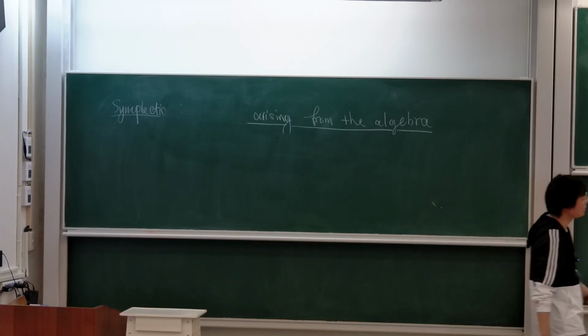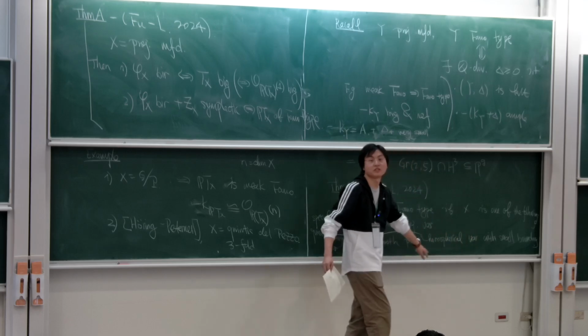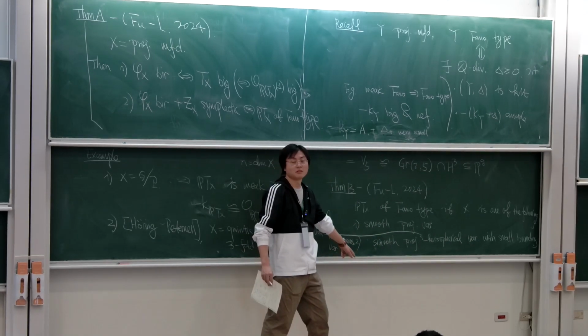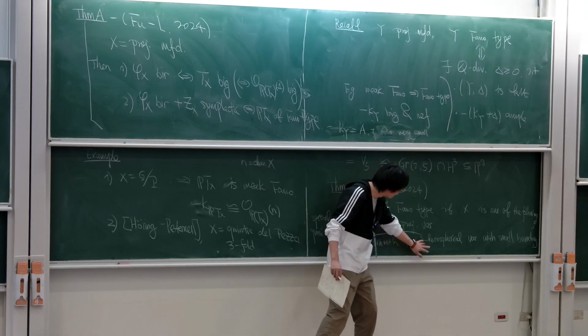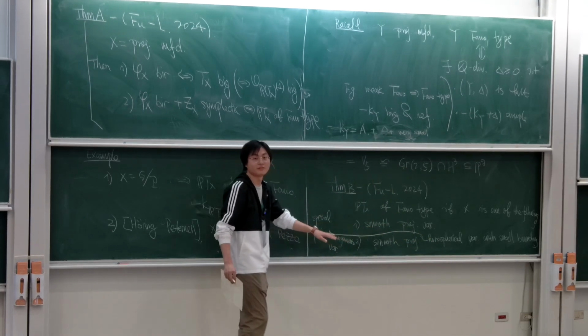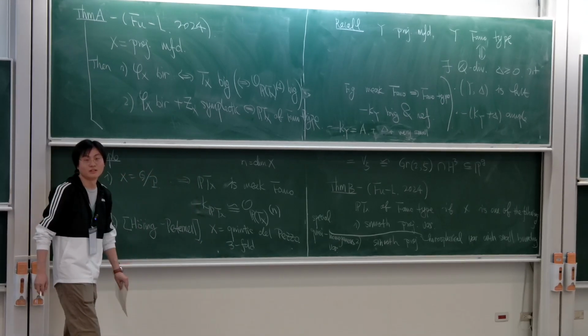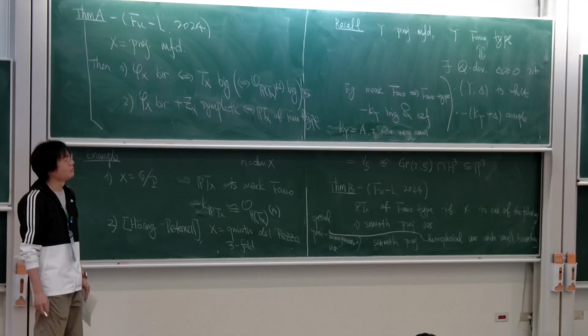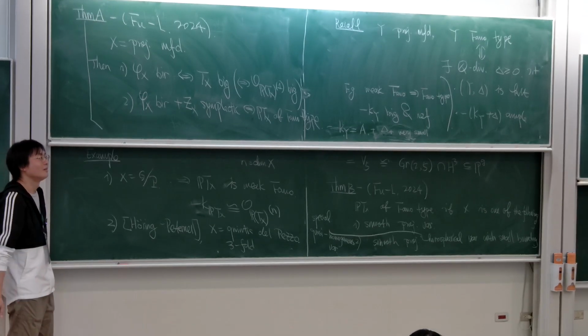Yeah, and this small boundary condition is satisfied, for example, if the Picard number is 1. Okay, so if it's a smooth projective horospherical variety with Picard number 1, its boundary is always small. I think, let me check.